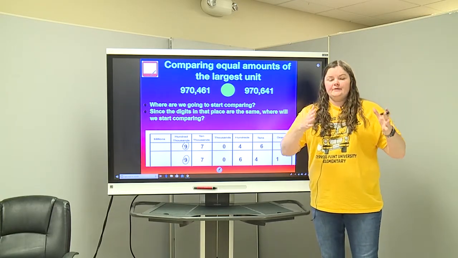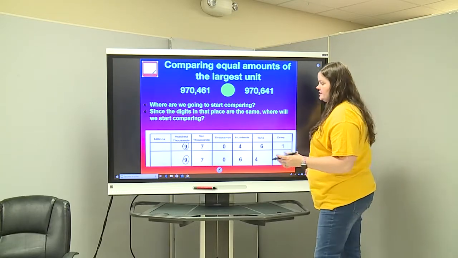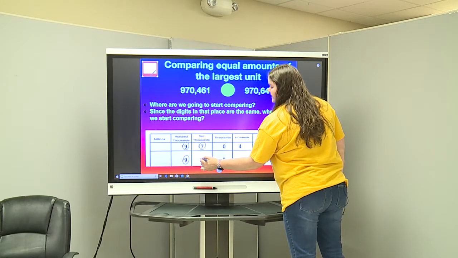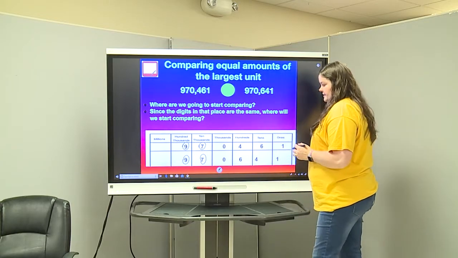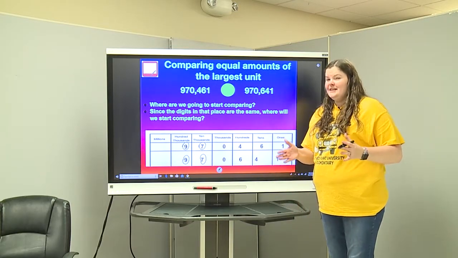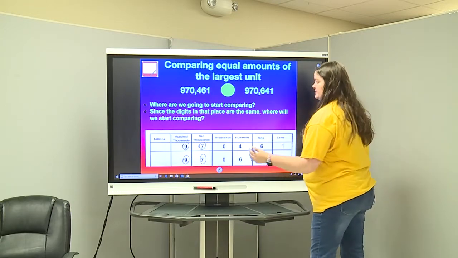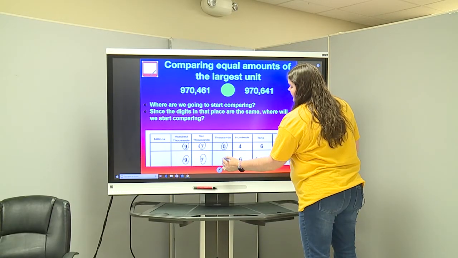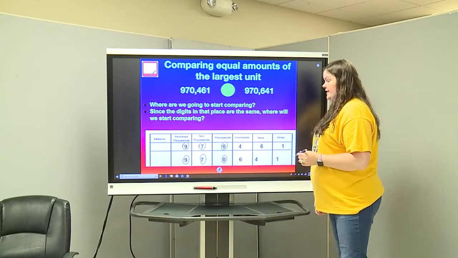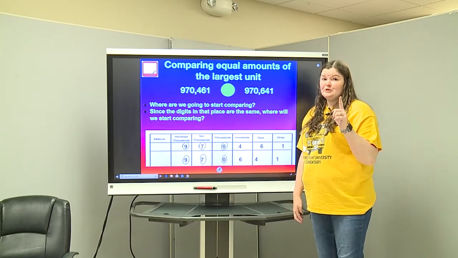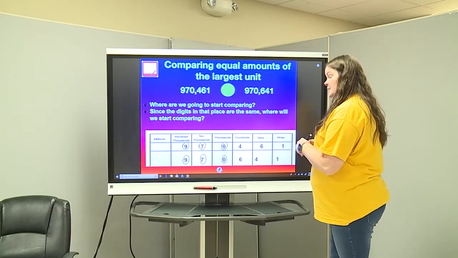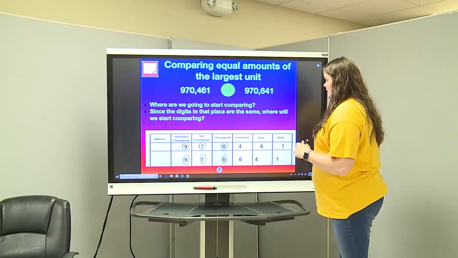So now I need to go down to the 10,000s place. I have 7 10,000s compared to 7 10,000s. Again, they're the same, so I need to keep going even smaller. Let's go to the thousands place: 0 thousands and 0 thousands. These numbers are looking a lot like they're going to be equal. Let's keep going to the hundreds place.